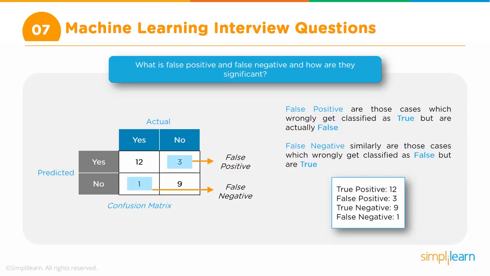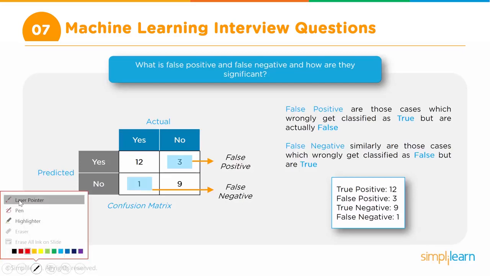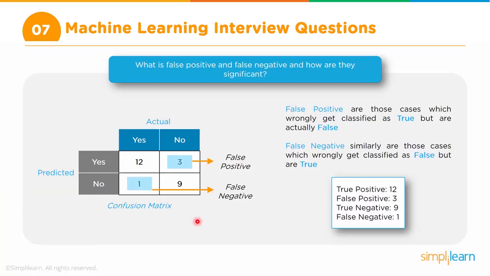A confusion matrix looks somewhat like this, and we continue with the previous example where this is the actual value, this is the predicted value, and in the actual value we have 12 plus 1, 13 yeses, and 3 plus 9, 12 no's, and in the predicted values, there are 12 plus 3, 15 yeses, and 1 plus 9, 10 no's.